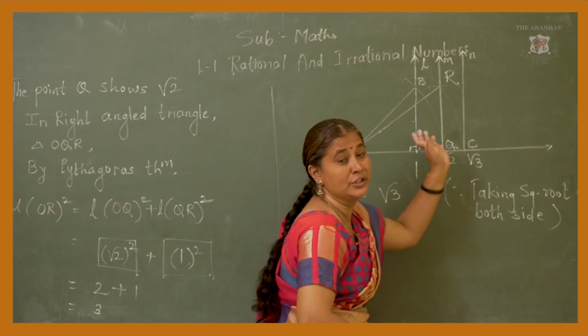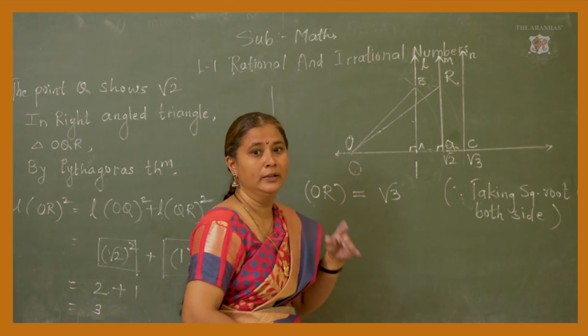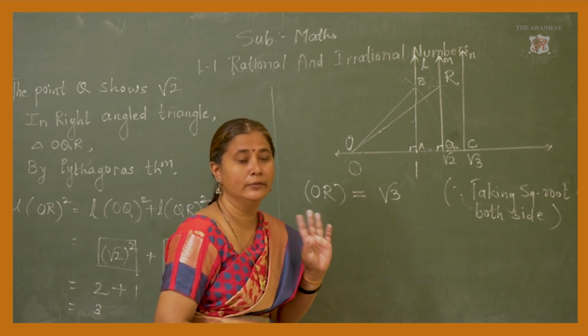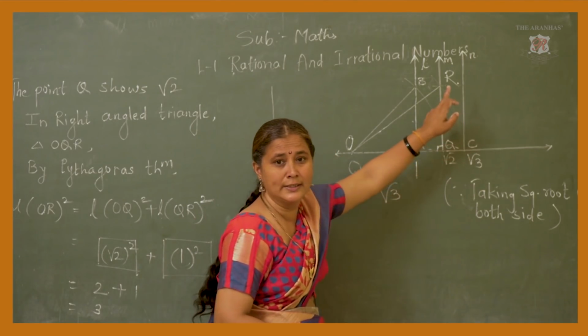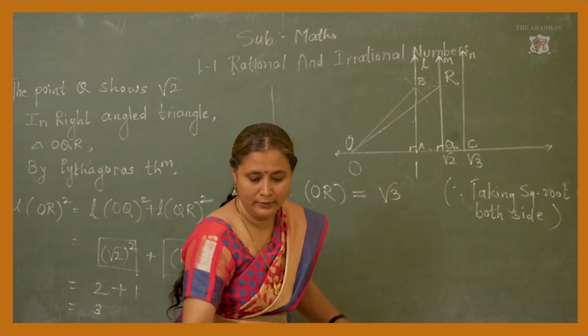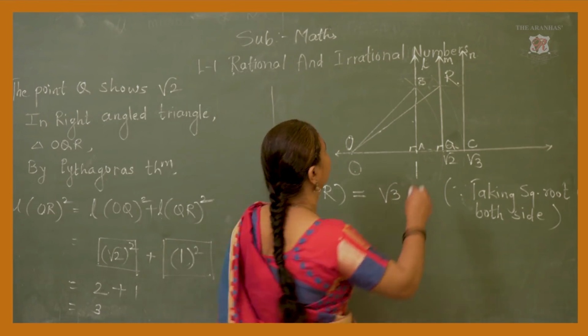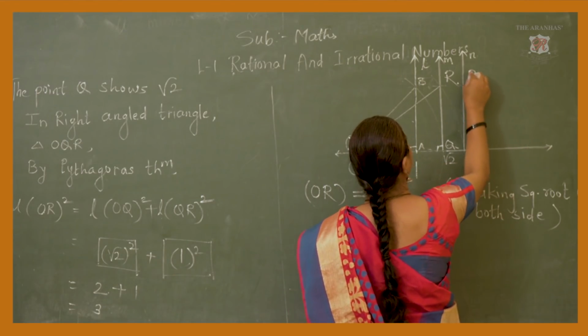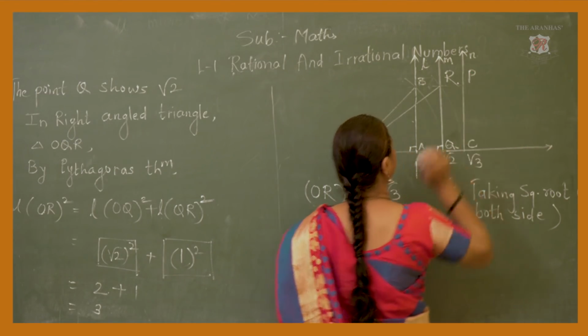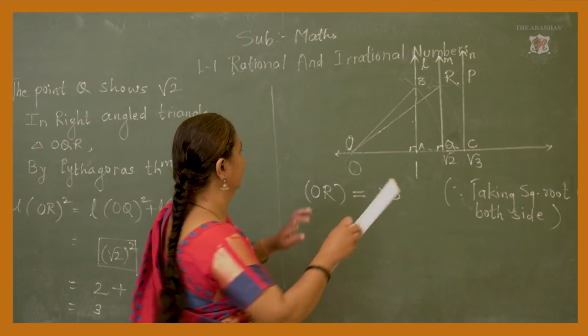We are taking the procedure for root 5. So, here take 1 unit distance on the perpendicular line and mention any point here. Now which point is not here? P is not there. So write here P. And join OP.